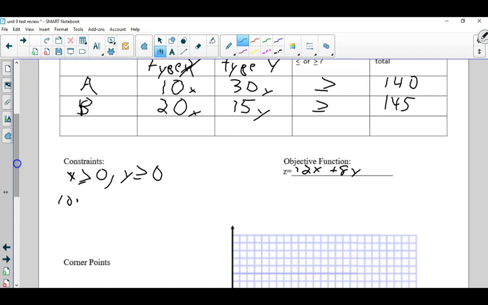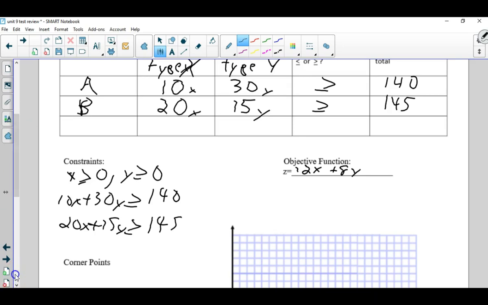And then we have 10x plus 30y is greater than or equal to 140, and 20x plus 15y is greater than or equal to 145. Now, on this problem, it's going to be nasty no matter what you do, whether you use y equals or the cover-up method.